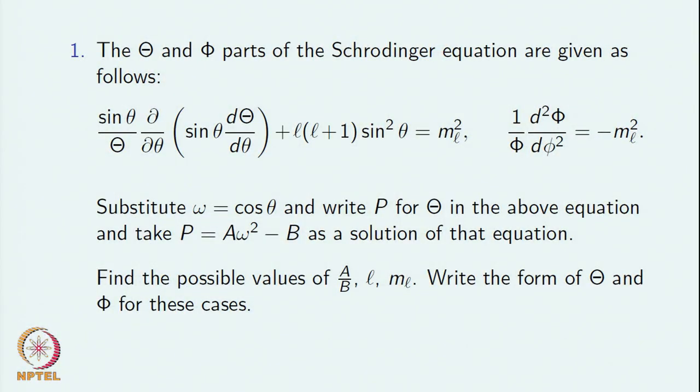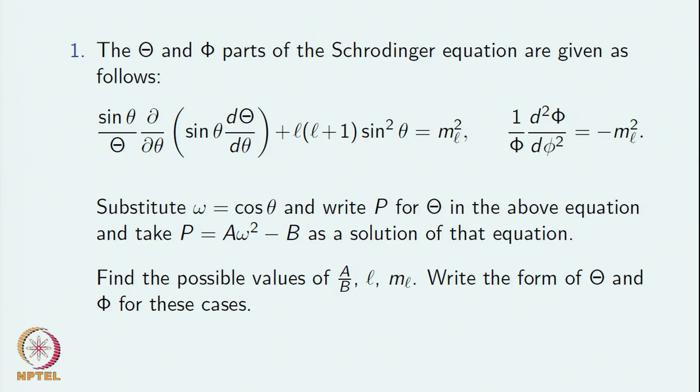I will now discuss the first problem. You have already seen the Schrodinger equation solution in terms of r, theta and phi using separation of variables.